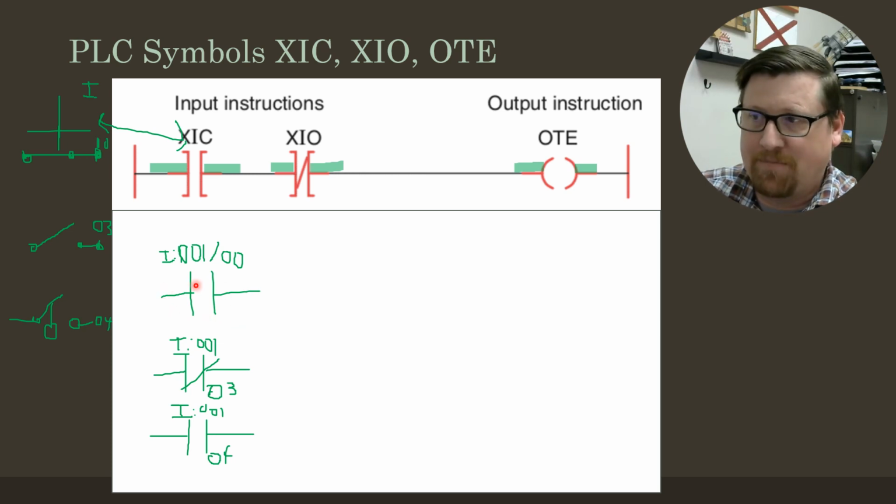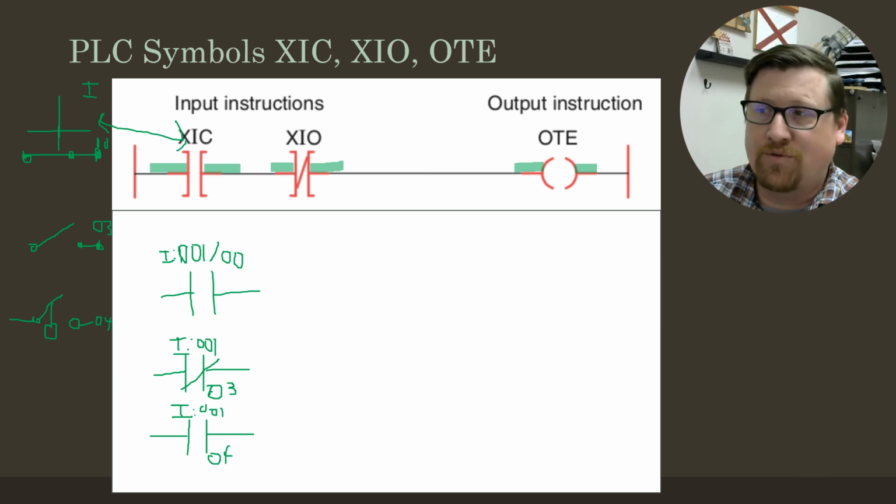This XIC 001/00 address tells the PLC to look and see what switch 00 is doing. That address 001/03 tells the PLC to look and see what the input tied into 03 is doing. And then based upon what it is doing, it takes that information and passes it along.